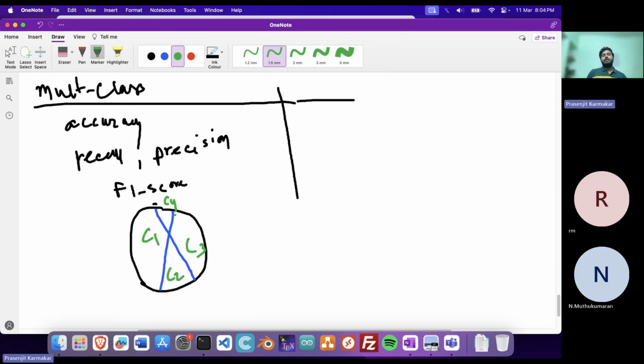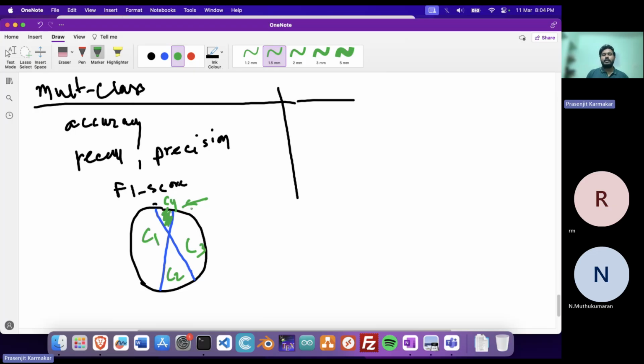Now see, C4 has very little data. If I consider the accuracy of C4 to be the same as C1, C2, C3, then because there are fewer instances, it will have less impact on the average accuracy.